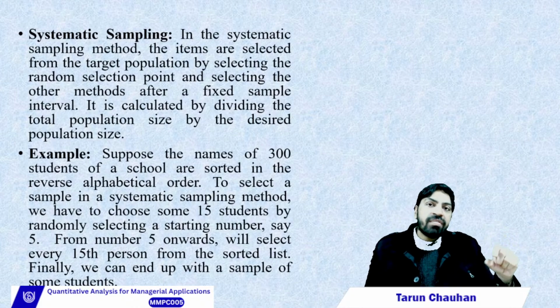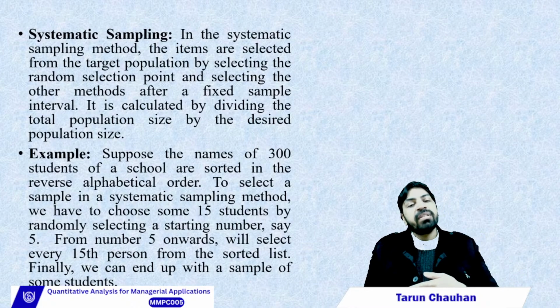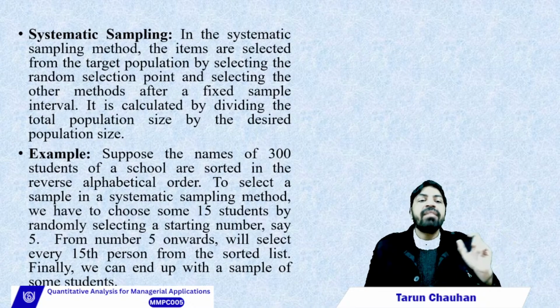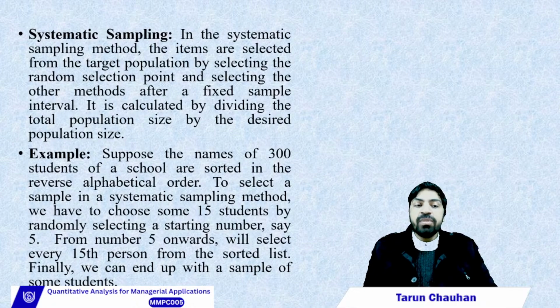That is a difference of 5. So we choose the 5th item, 10th item, 15th item, 20th item, 25th item. If we choose a difference of 4, then the 4th item, 8th item, 12th item, 16th item, 20th item.